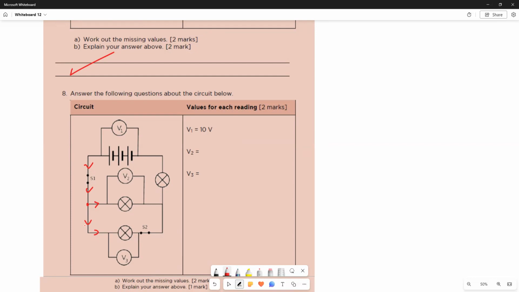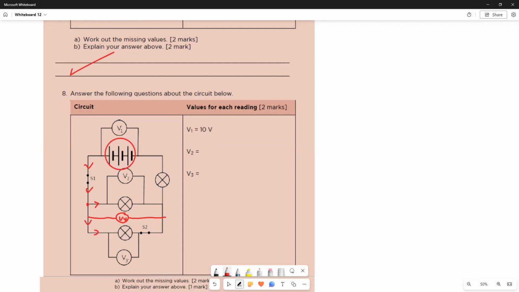The voltmeter readings V2 and V3 will be exactly the same. Exactly the same. Perfect. Basically, what I mean here is, if they're connected in parallel, we can replace them with a V4 here, which is going to measure here and here, right? Perfect. Now, the total in this case is V1 because it's on the battery, it is 10, right?